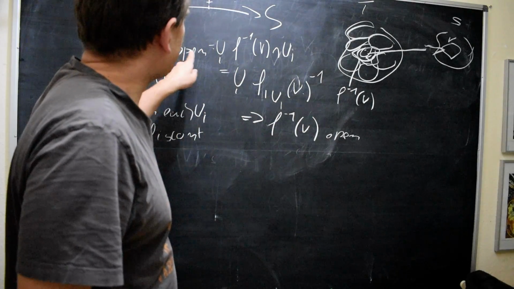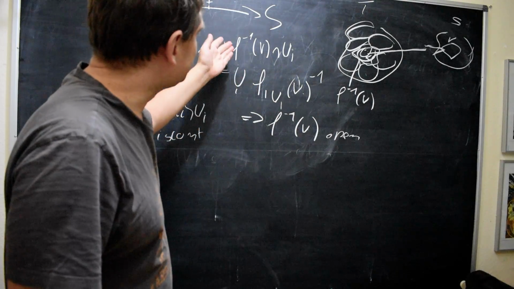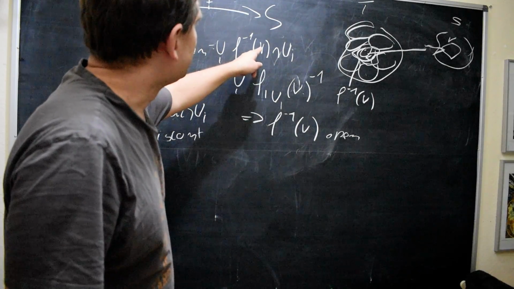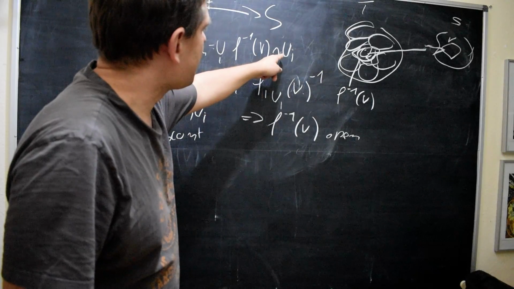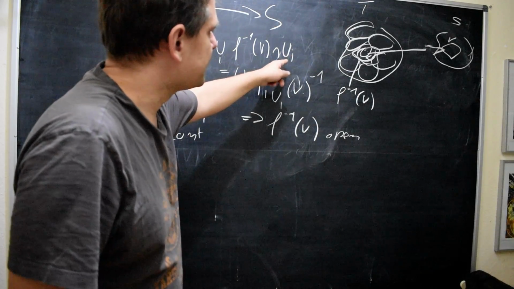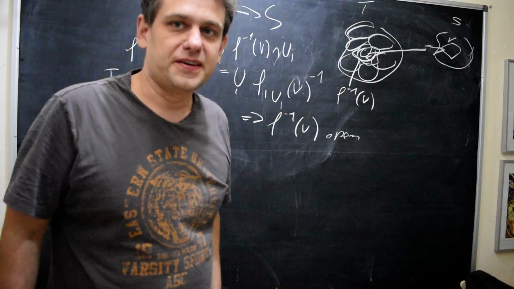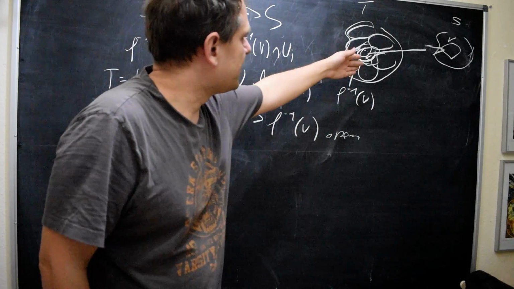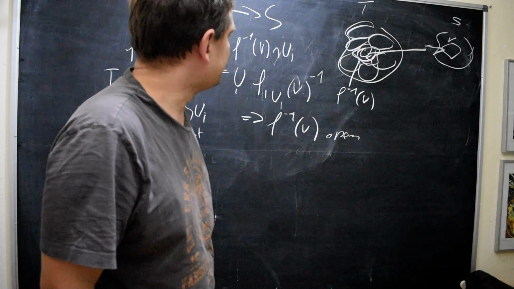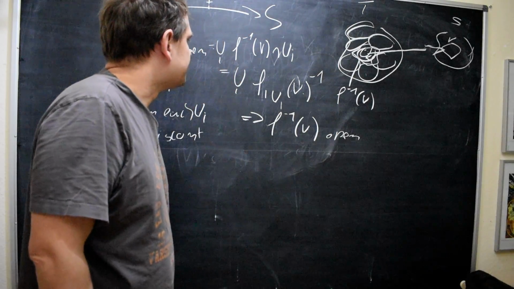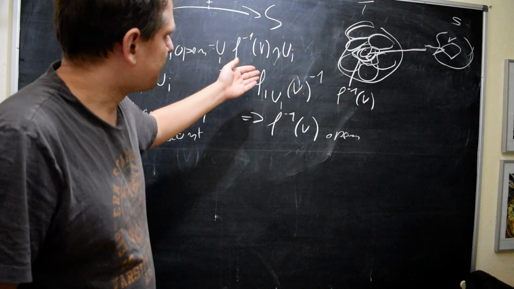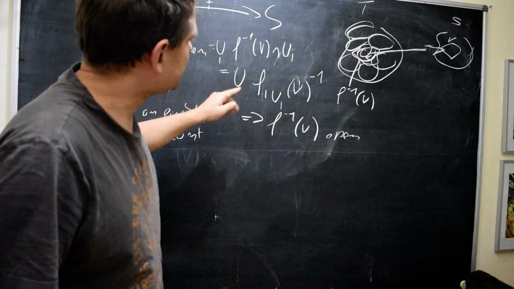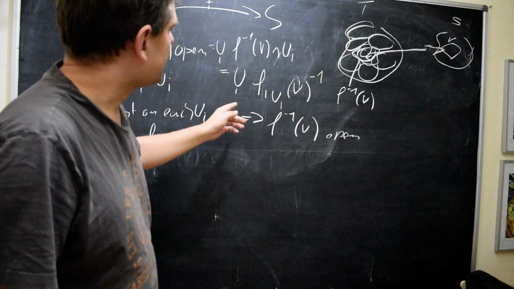The pre-image of V is a union of intersections, namely it is the union of the intersection of this pre-image with each of the U_i, because as you can see the U_i cover T, and thus they also cover the pre-image, which is a subset of T. But now the important fact is that we can write this union of intersections in a different form.